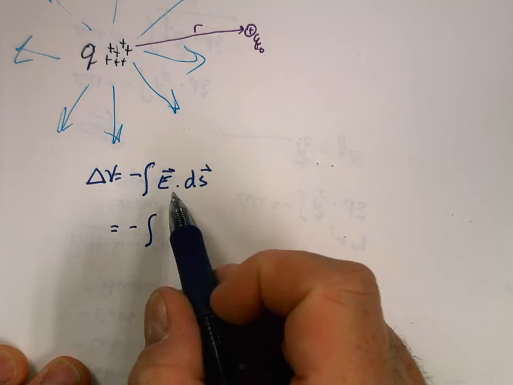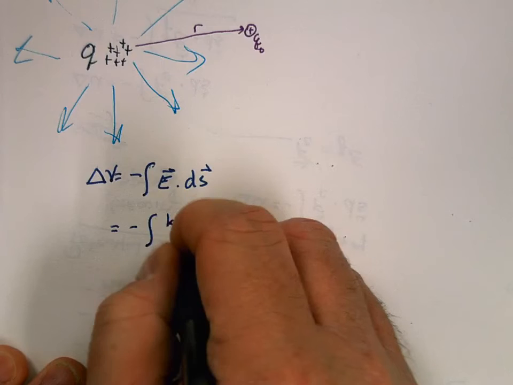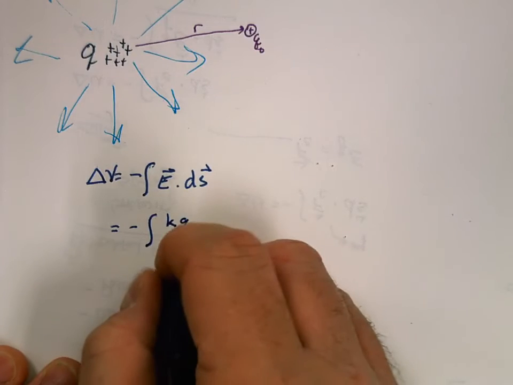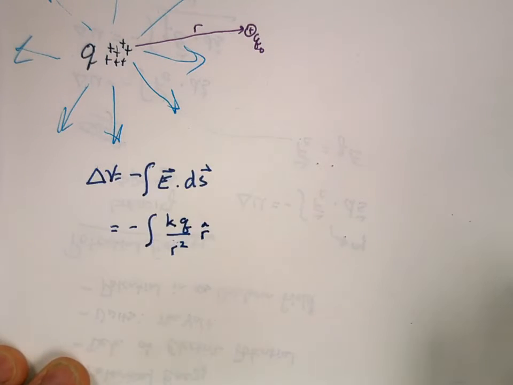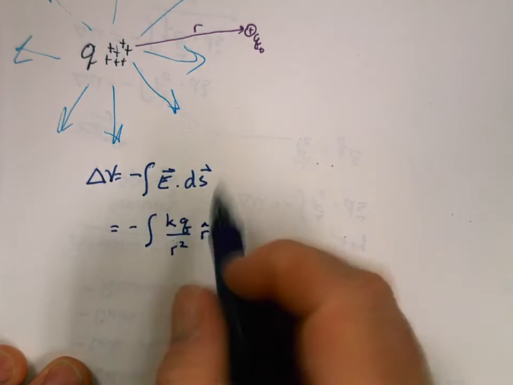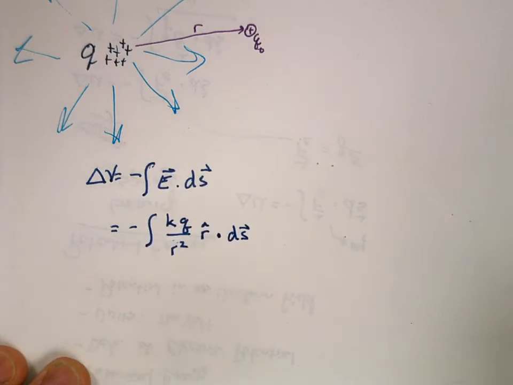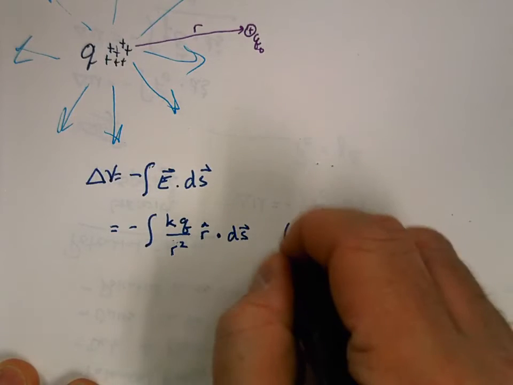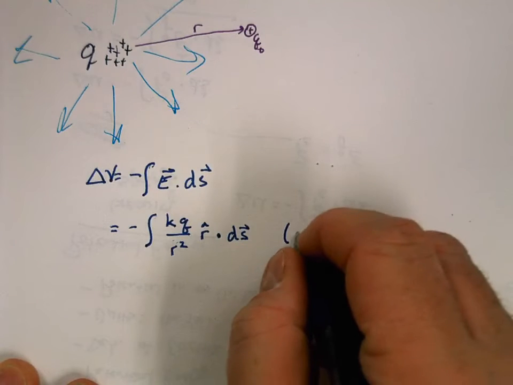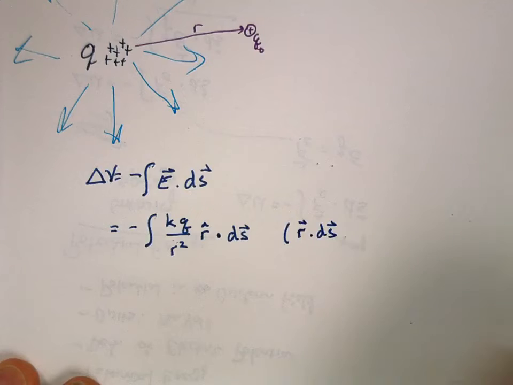Our field is going to give us kQ over r squared, in the r hat direction, and it's a dot product with our differential change in our path. Let's take this part, r hat dot ds, off to the side, which we had a little bit of confusion on the other day.